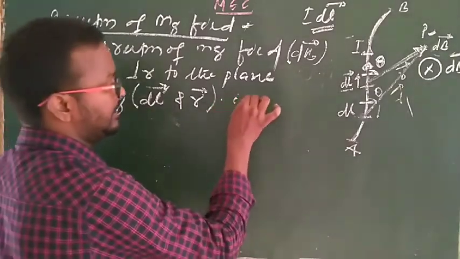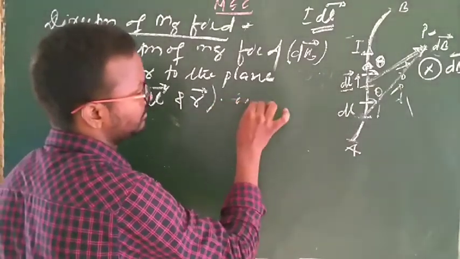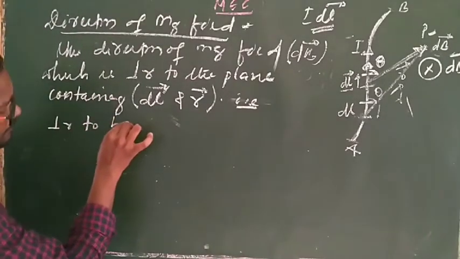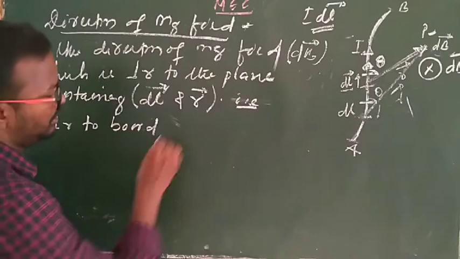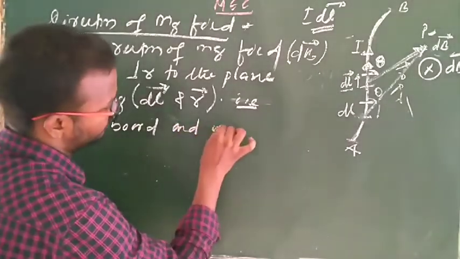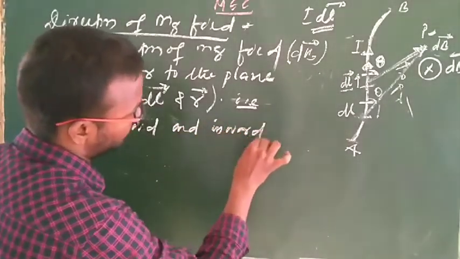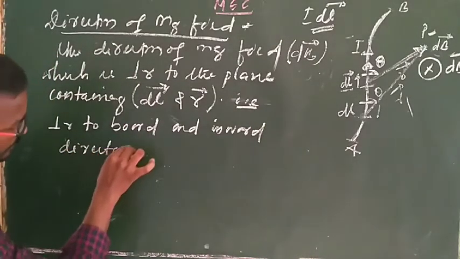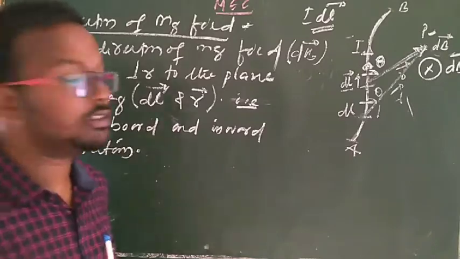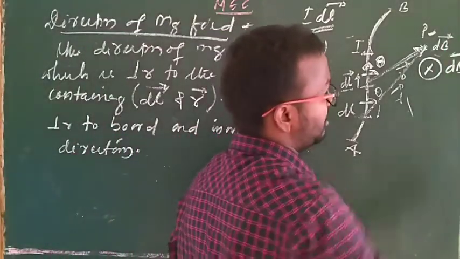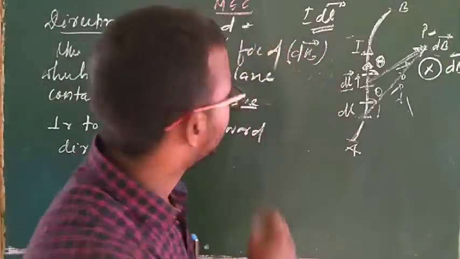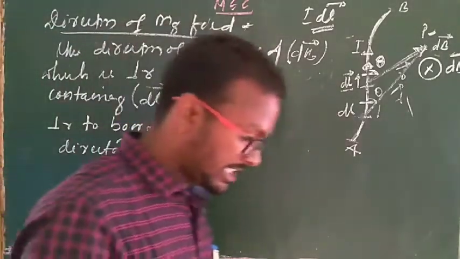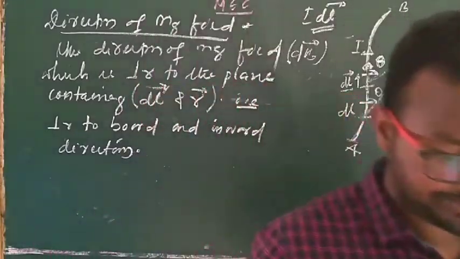In this case, it is perpendicular to both and inward direction. This is the direction of magnetic field. Clear? This is Biot Savart law, scalar form, vector form, and direction of magnetic field.